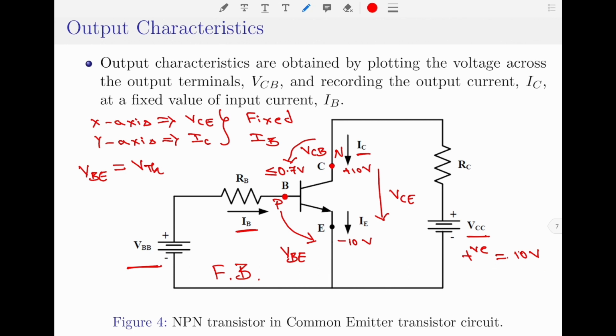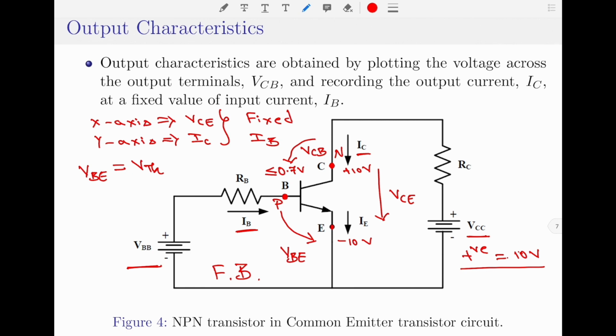Coming to the output loop, let us retain the same 10 volt applied across the collector and the emitter terminals. As previously discussed, this will cause the collector to be at plus 10 volt potential and emitter to be at minus 10 volt potential.